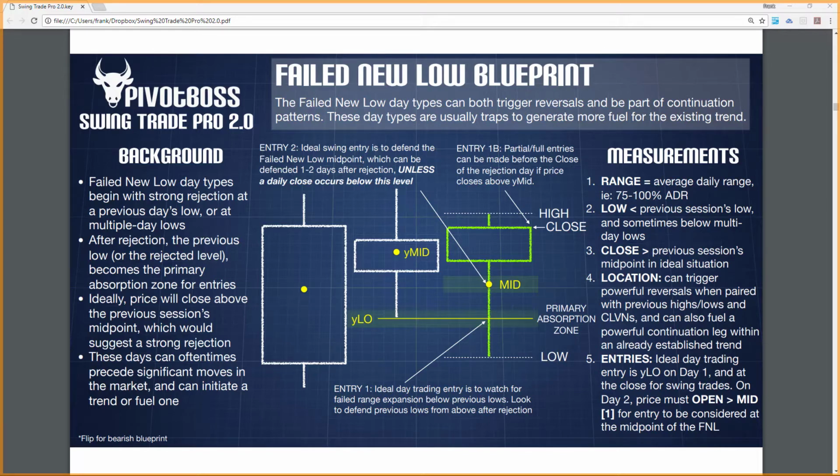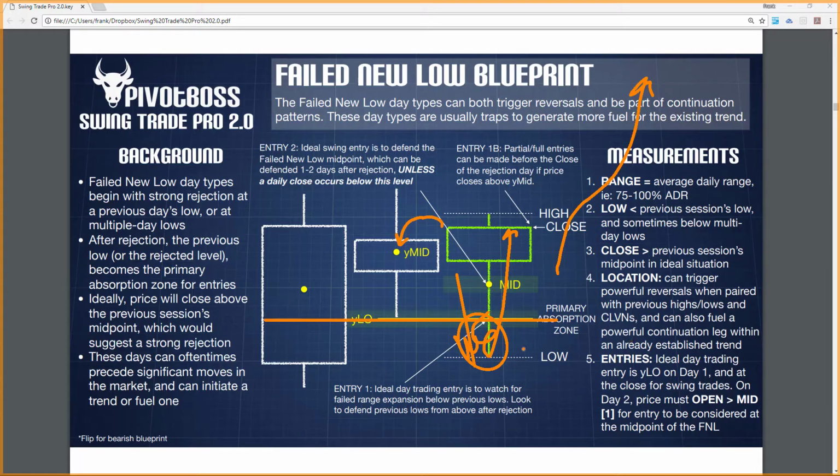And so the failed new low day type can both trigger reversals and be part of continuation patterns. These day types are usually traps to generate more fuel for the existing trend. What I mean by that is, this can either trigger a reversal by itself because it failed to go lower and then the rejection pushed price back above the prior day's mid and then price continues higher.